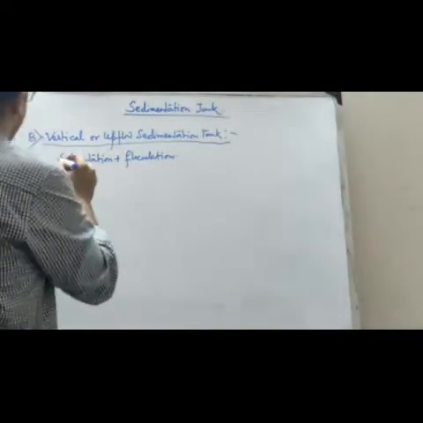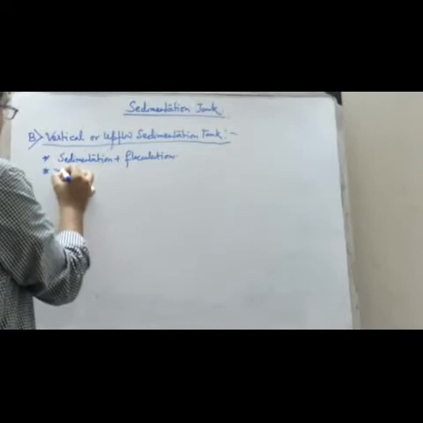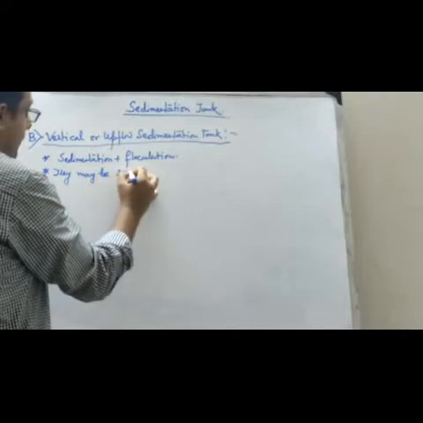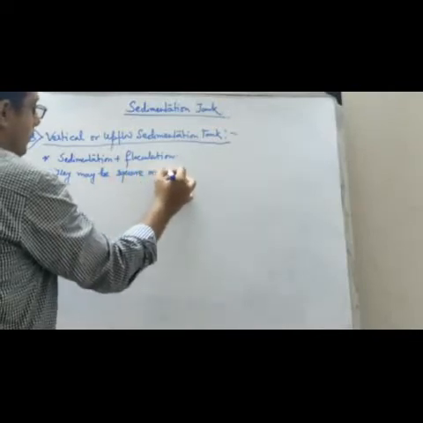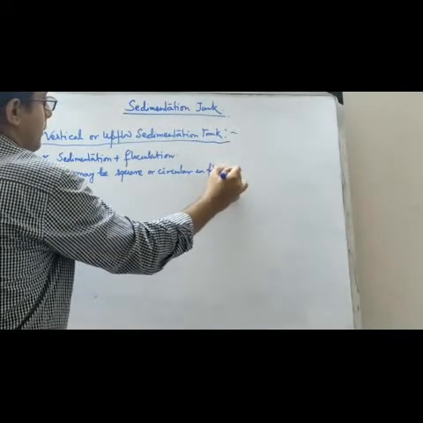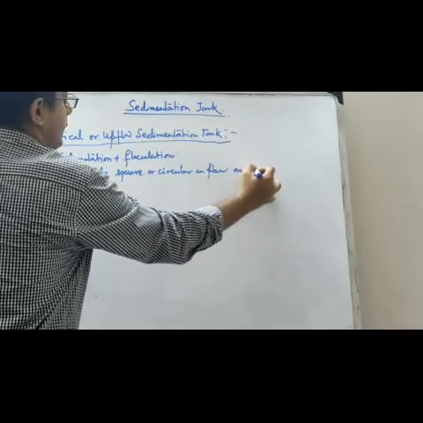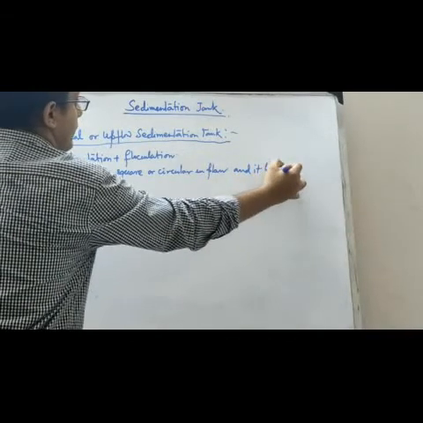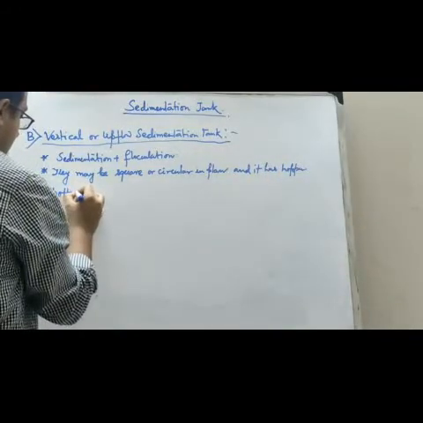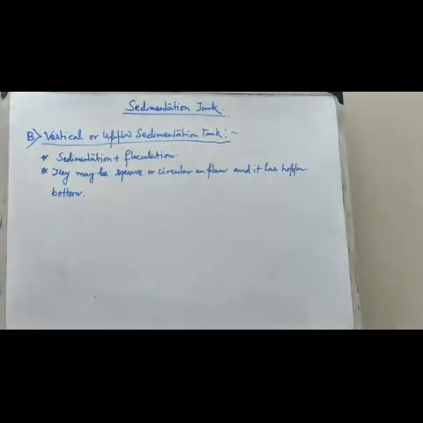So please write down the second important thing, that they may be square or circular in plan and it has a hopper bottom. Okay, so this is the vertical or upflow type sedimentation tank.